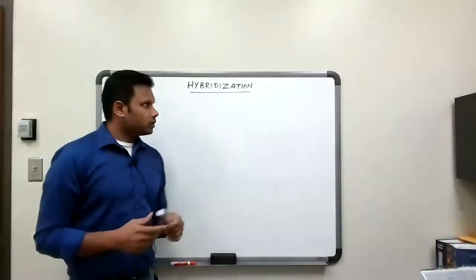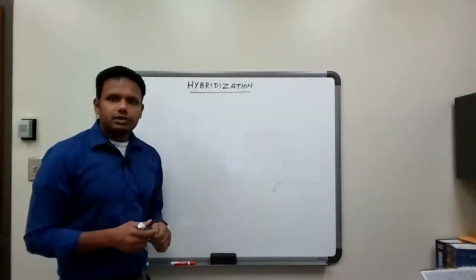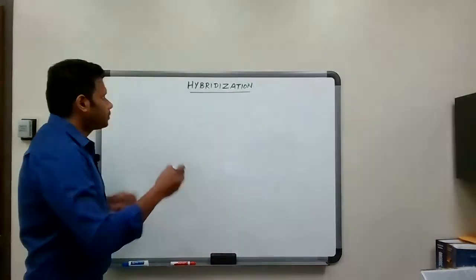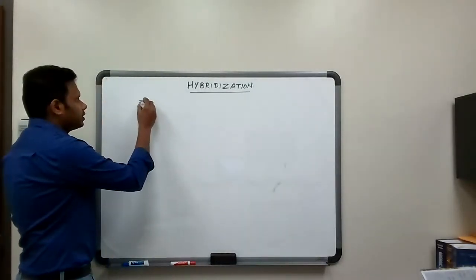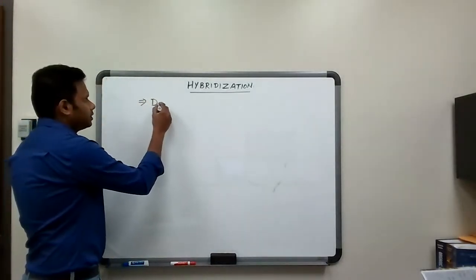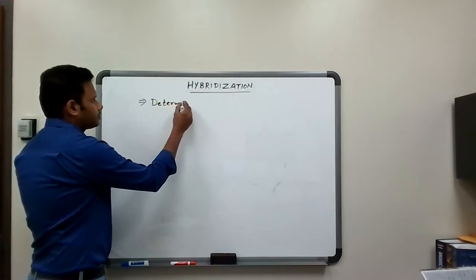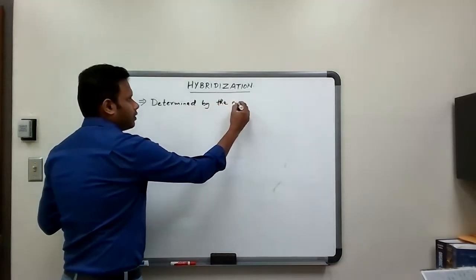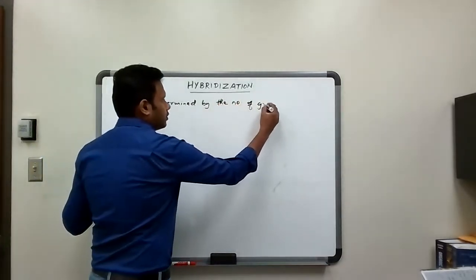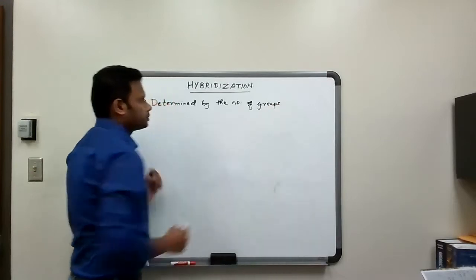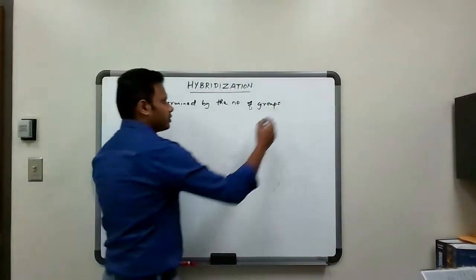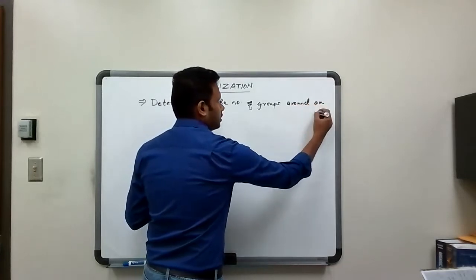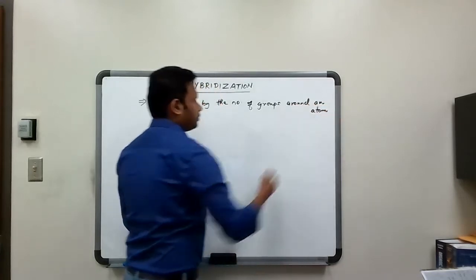So what determines the hybridization of an element? The hybridization of an element is determined by the number of groups around an atom.